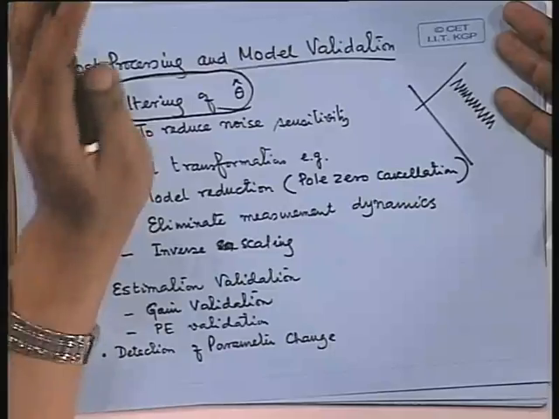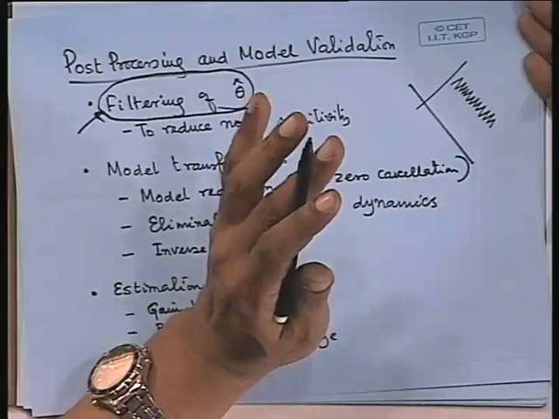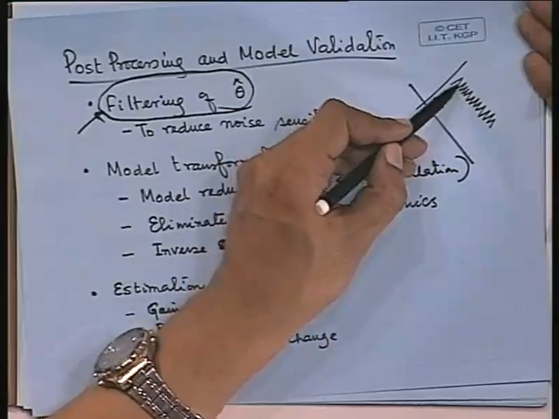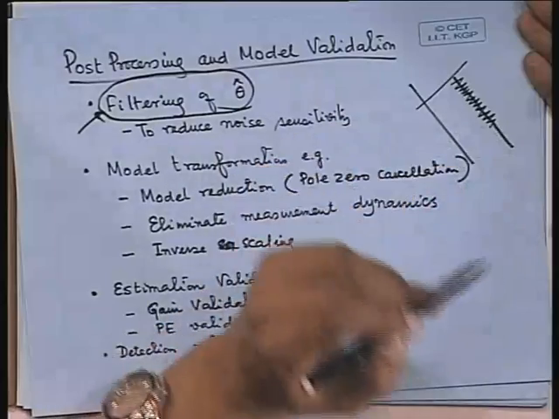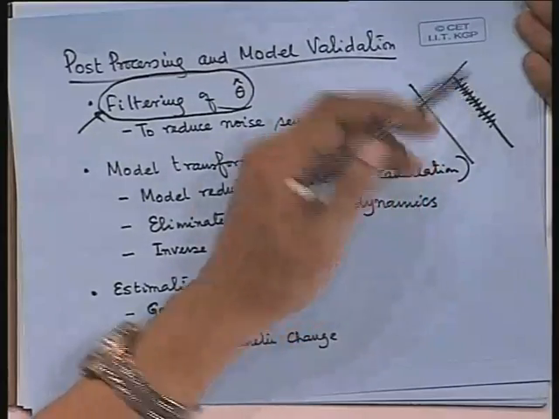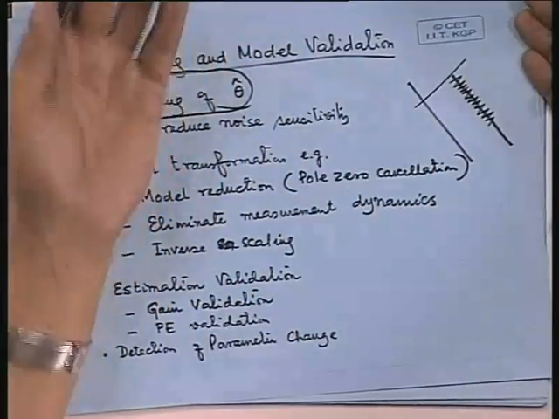Whatever, if there is any amount of noise, then your estimates are always going to be like that. Now obviously the estimate is not this, obviously the estimate is much slower. So after you get the estimate, it makes a lot of sense to actually low pass filter the estimate itself.